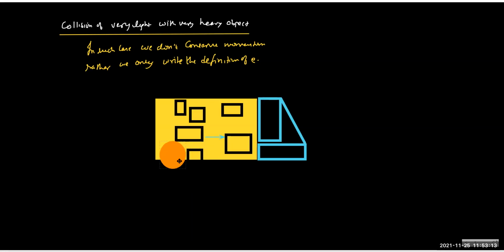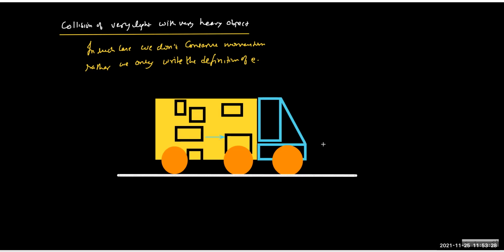You can think of this as a truck, and let's say the truck is moving with its own velocity. Let's call it v.